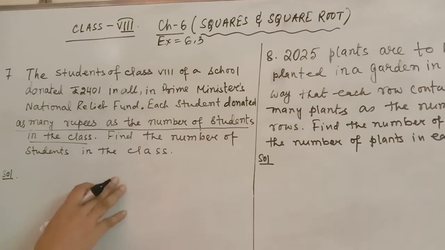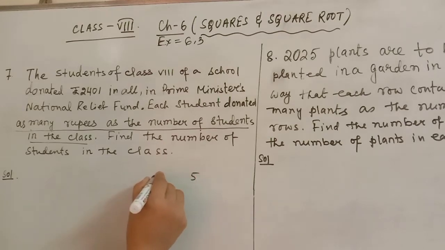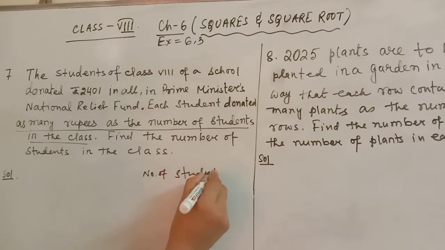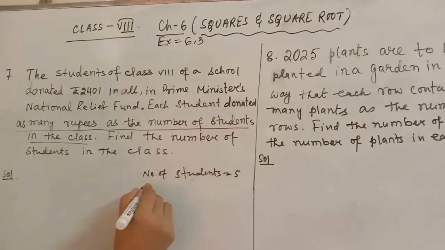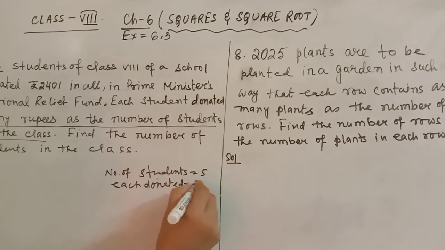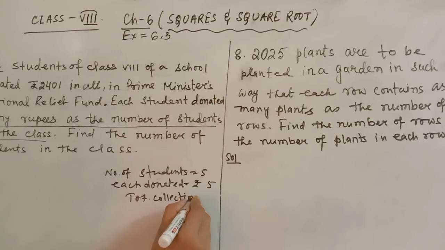So if there are 5 students, say the number of students is 5, then each donated rupees 5, then the total collection will be 5 into 5 rupees, that is rupees 25.